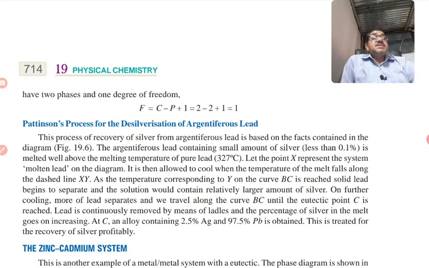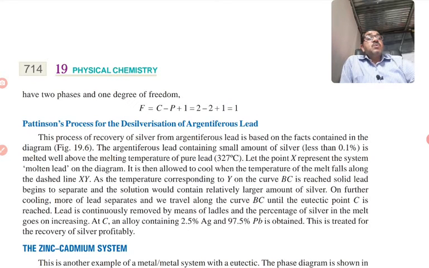The argentiferous lead, containing a small amount of silver, less than 0.1%, is melted well above the melting temperature of pure lead, which is 327 degrees. Let the point X represent the molten lead system on the diagram.